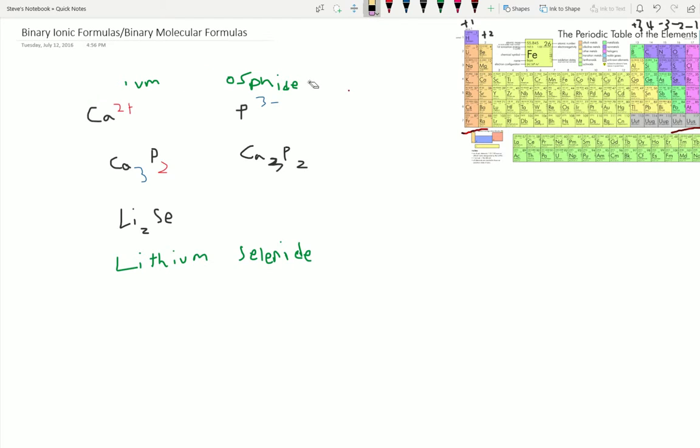Now we will use it with polyatomic ions. A polyatomic ion is just an ion with more than one atom. And another rule is, when using a polyatomic ion, if the charge is more than 1, you must have parentheses.